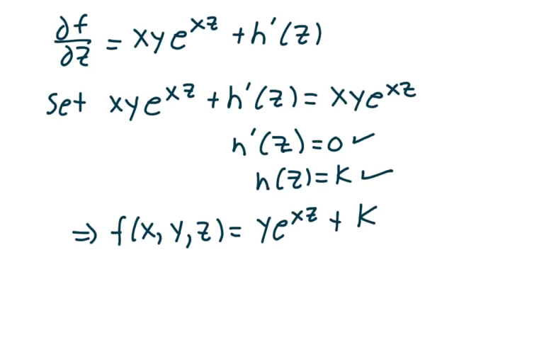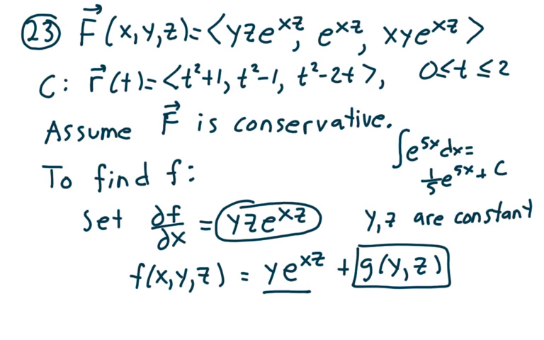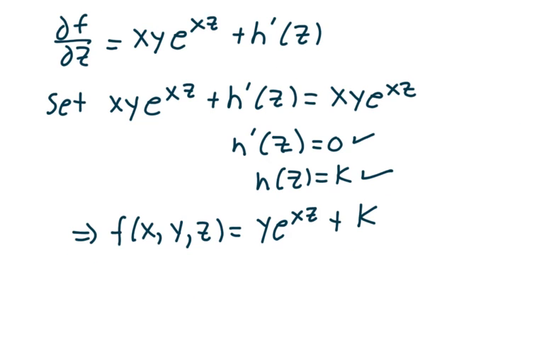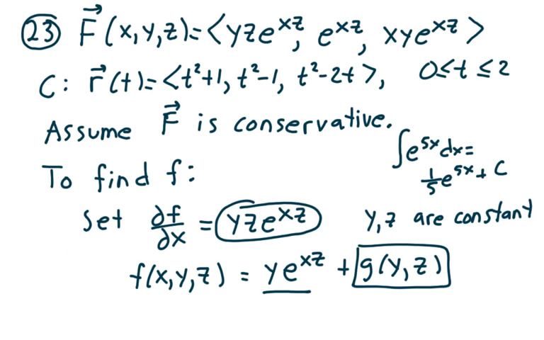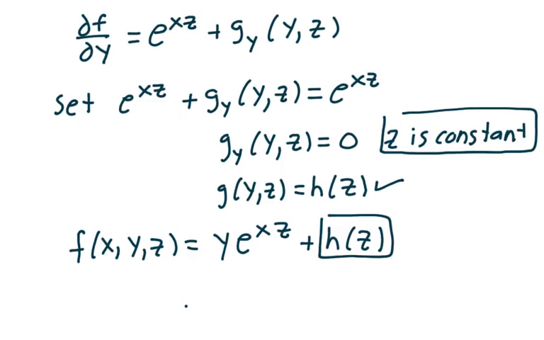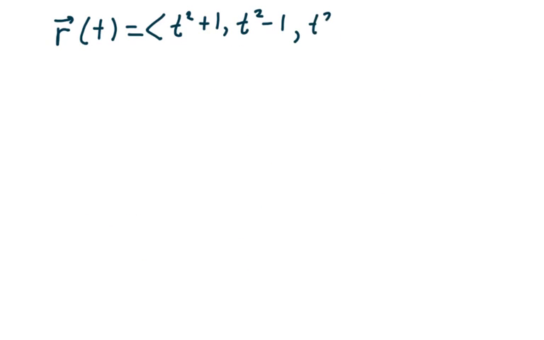Okay, now let's take a look at something. Now we need to remind ourselves, r of t is the following. t squared plus 1, t squared minus 1, and, let's go back, t squared minus 2t. And remember, t is less than or equal to 2 and greater than or equal to 0.